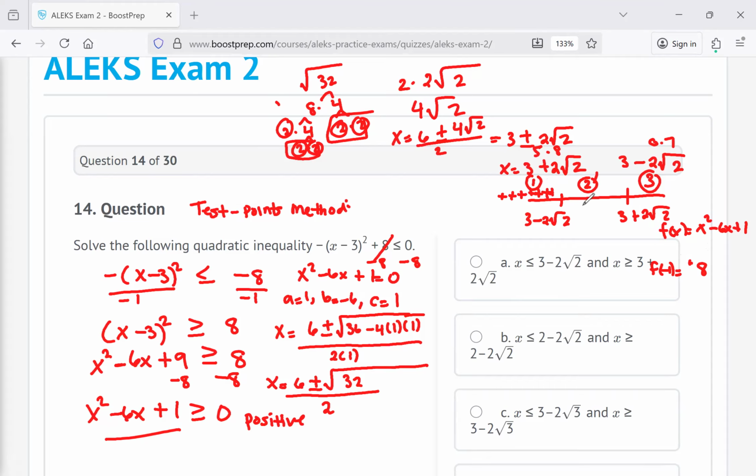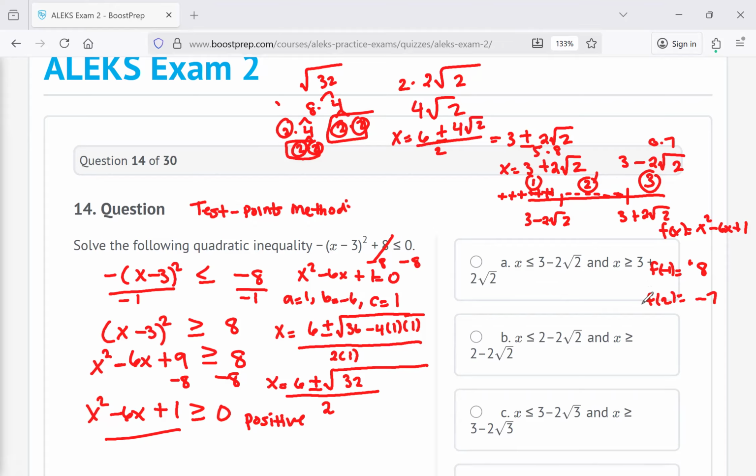And then region 2, what's a number between 3 minus 2 radical 2 and 3 plus 2 radical 2? Let's see. You could try 2. Yeah, 2. And when you plug in 2, it spits out -7, so you put a little minus.